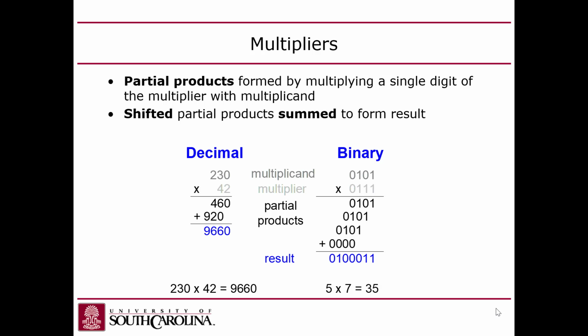All right, so these become partial sums. Each partial sum is just a version of the multiplicand shifted a number of bits corresponding to each of the 1 bits in the multiplier, right? And this actually matches up to the grade school procedure you use, where you take the multiplicand and you multiply it by the first digit on the right of the multiplier, and then the second digit, which would just be 0, right?